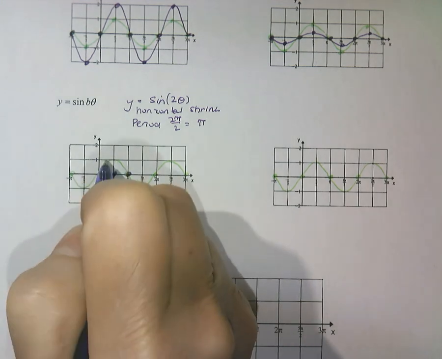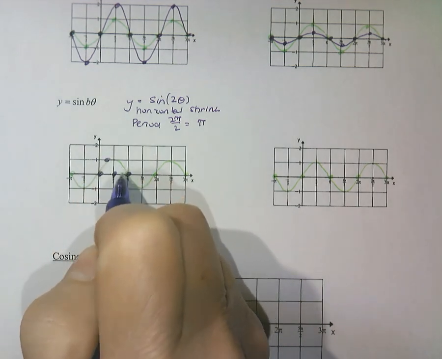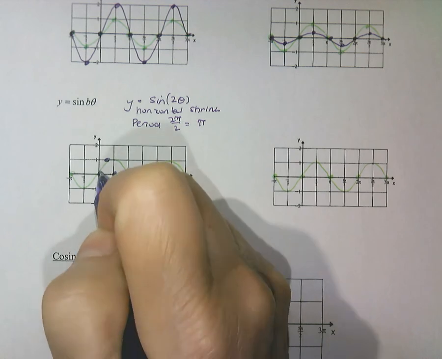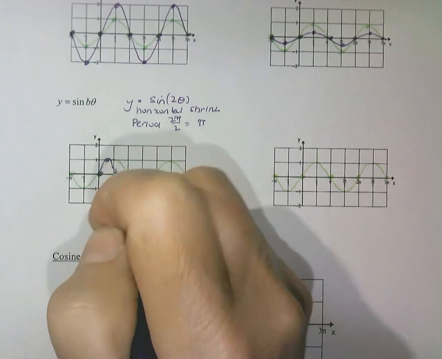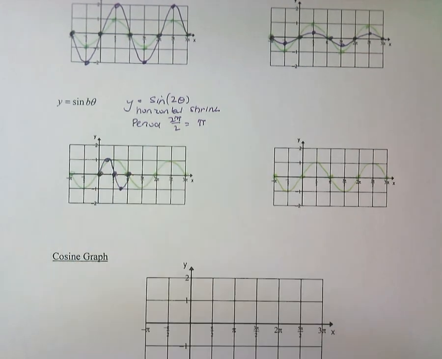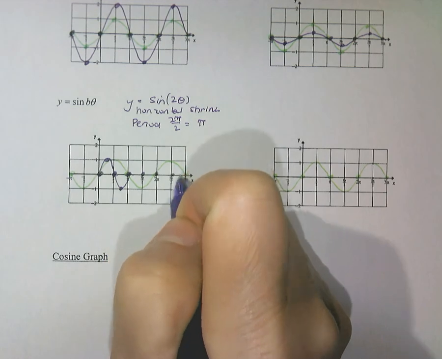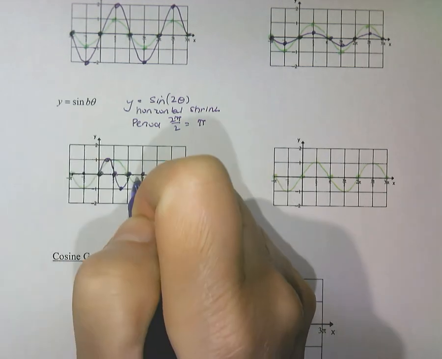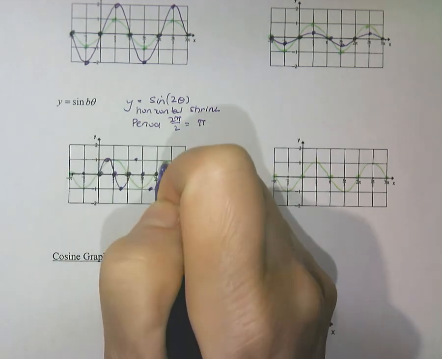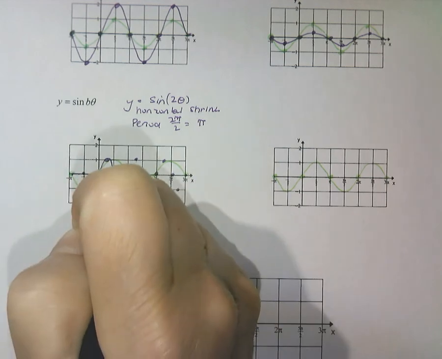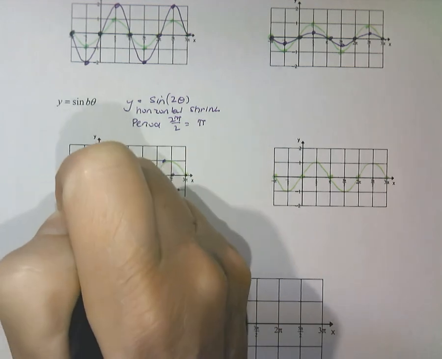Halfway between here I had a maximum, and halfway here I had a minimum. So that's what it would look like for one cycle. And then I can continue that. And once you get the pattern, it makes it easy.